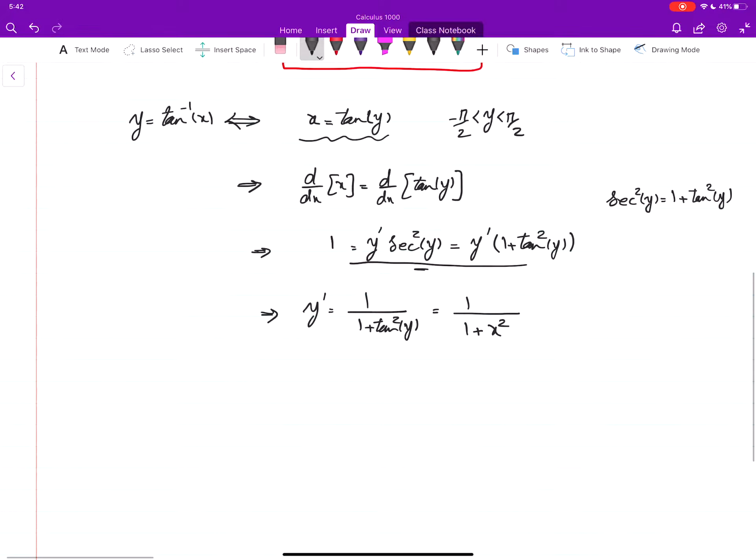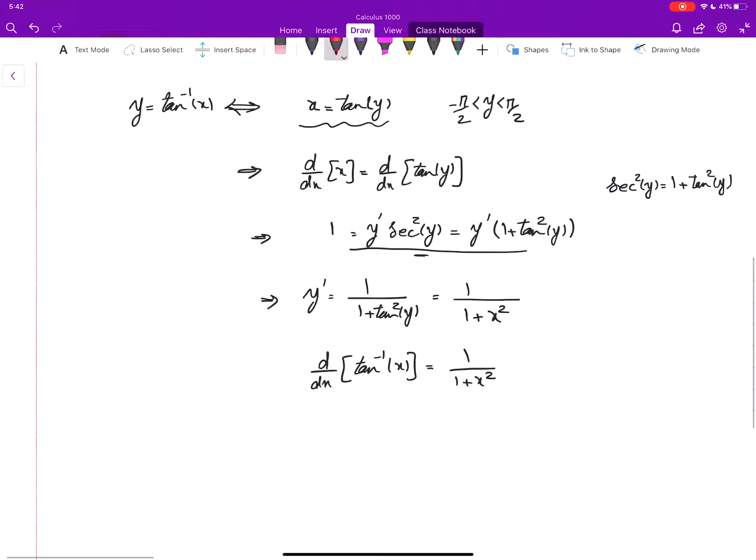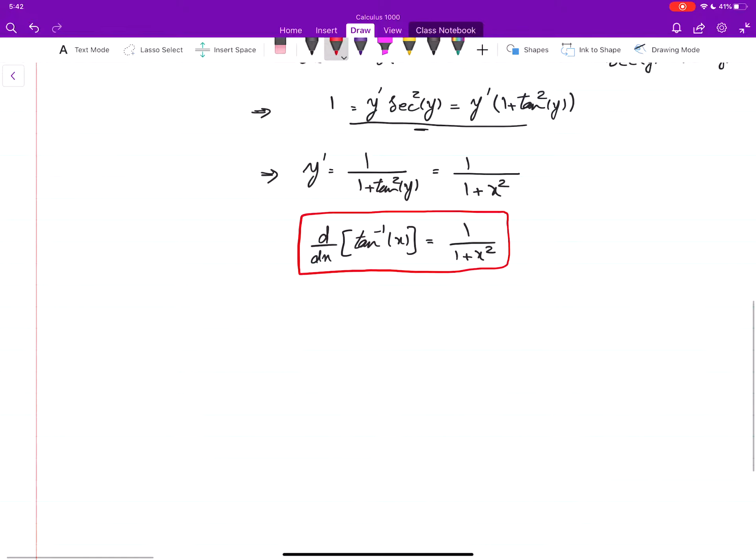And this is the second rule that we prove here, that the derivative of arctan or tan inverse is 1 over 1 plus x squared. That was the second rule that we proved. The other ones are exactly the same way.